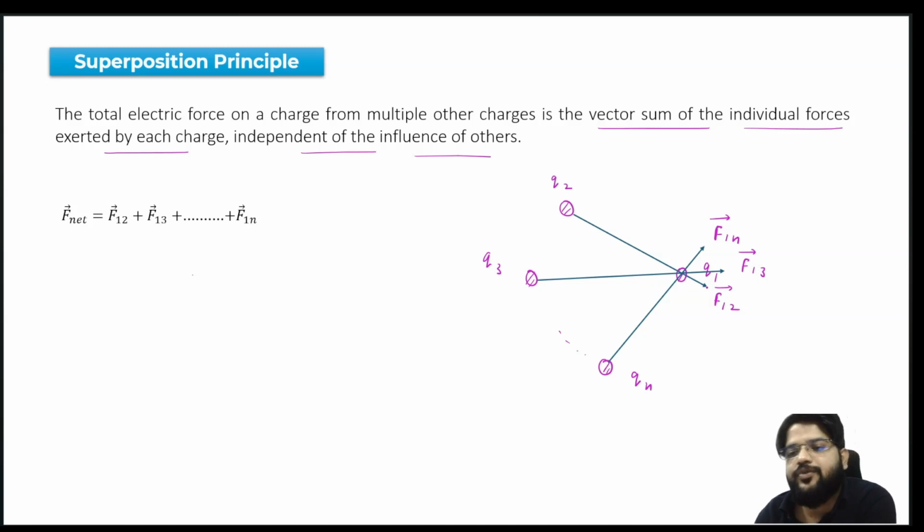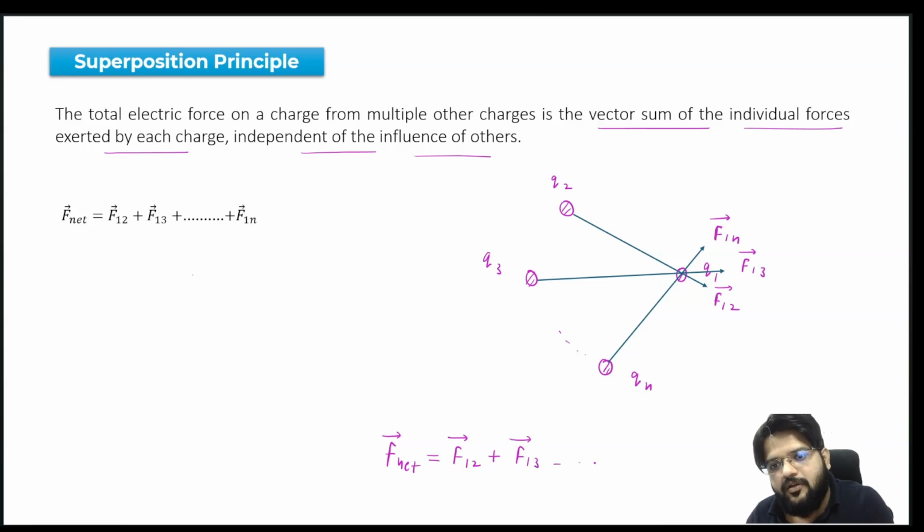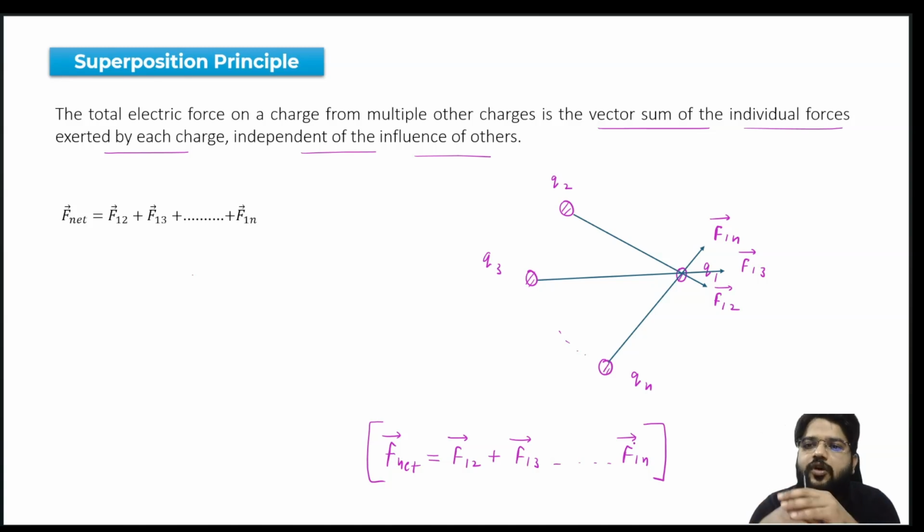First we write the individual forces, and then we take the vector sum of all of them. So the net force on the first charge can be written as F12 plus F13 and so on up to F1n. And this is the net force on the first charge.